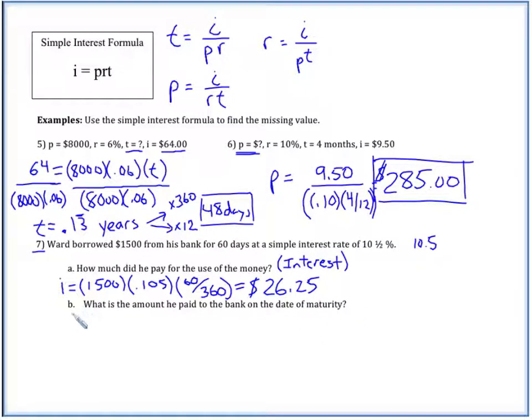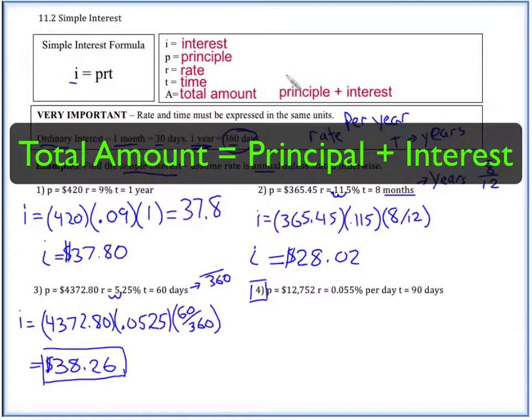Okay. Now, letter B says, what is the amount he paid to the bank on the date of maturity? So date of maturity is just when this is due, and this was after the 60 days after he borrowed it. So the amount paid is the same as that total amount that we talked about on the first slide. Okay, so the total amount is your principal plus your interest.